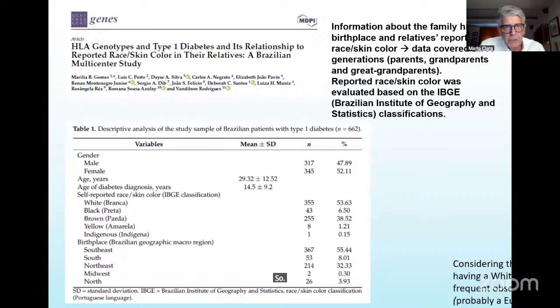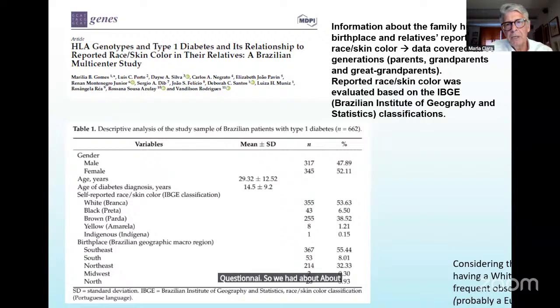So for this study of the relatives of the Brazilians, not all of these 1,700 people responded to the questionnaire.